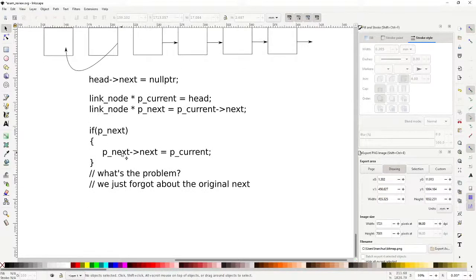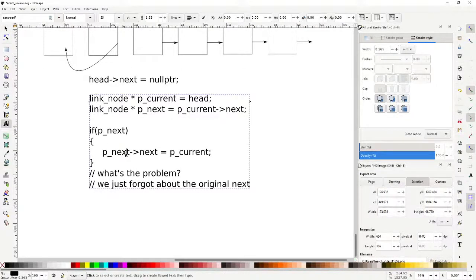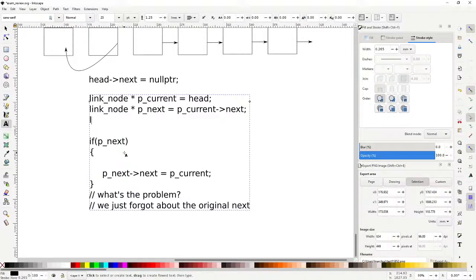So how do we avoid forgetting? We avoid forgetting by remembering. So we'll have another link node, and we'll call this p old, or let's just call it next, equal to p current dot next.